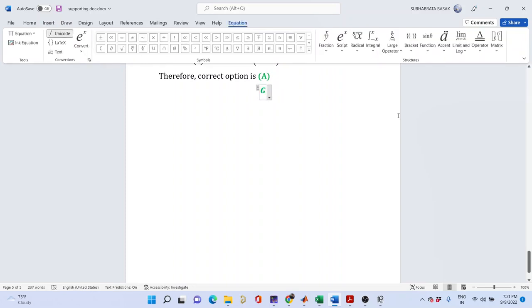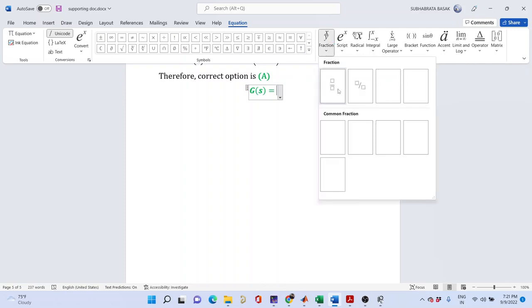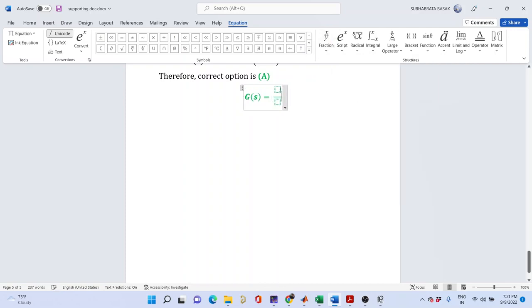So there are two poles, and there is only one zero over here.